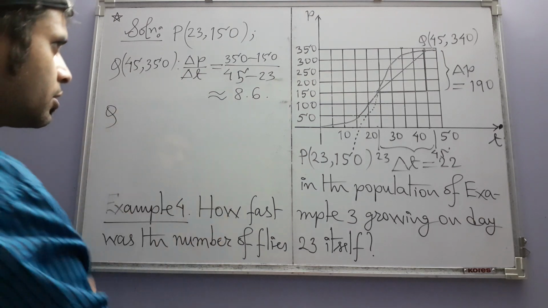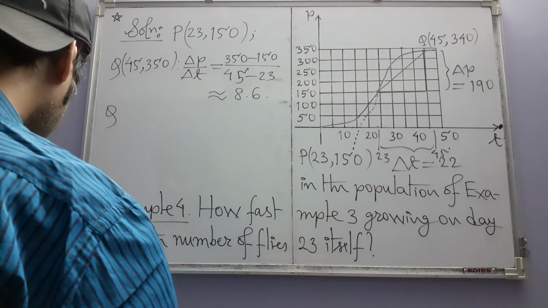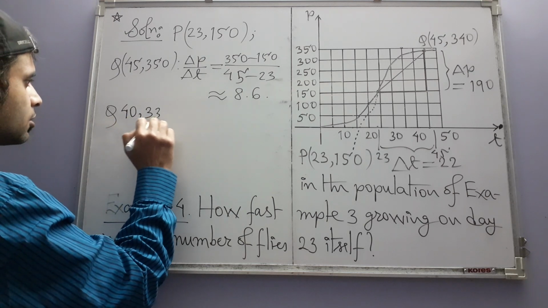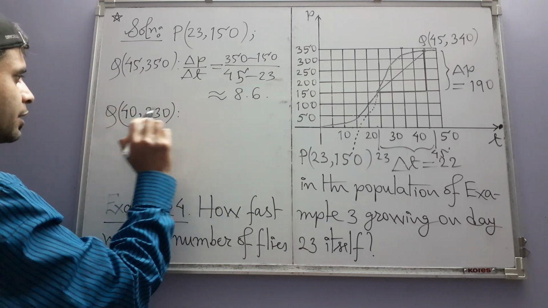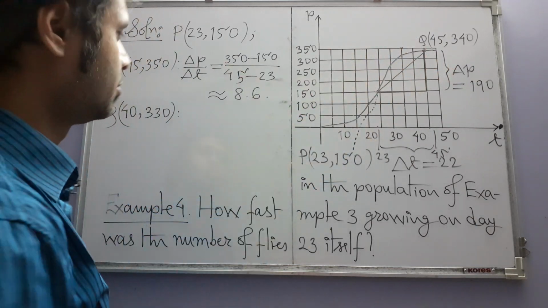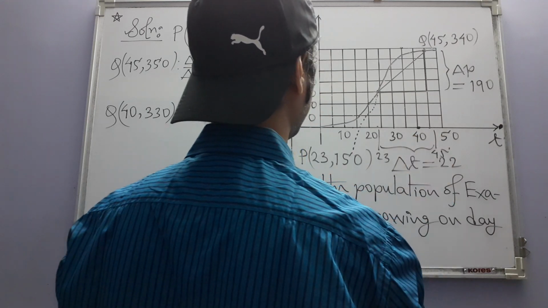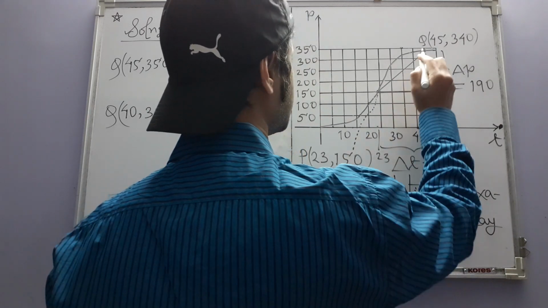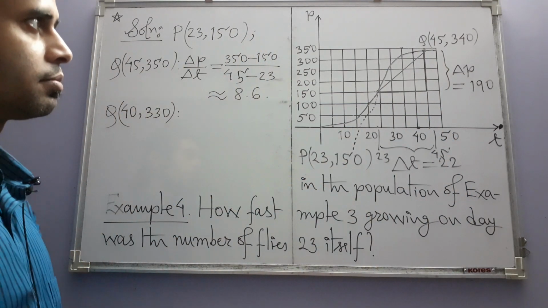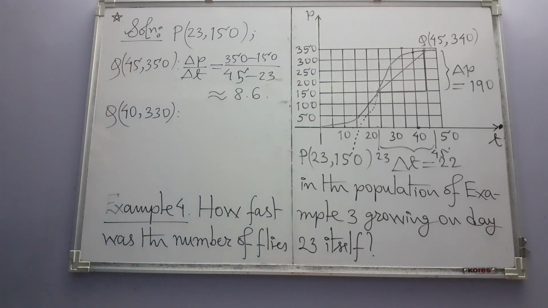But then we choose a closer Q than that one, and that Q is 40, 330. And keep in mind that these are actual points on this graph. So when say this is 40, then this is 330.